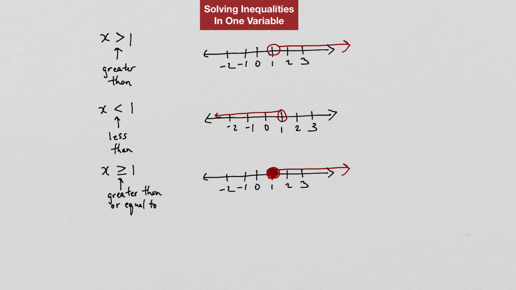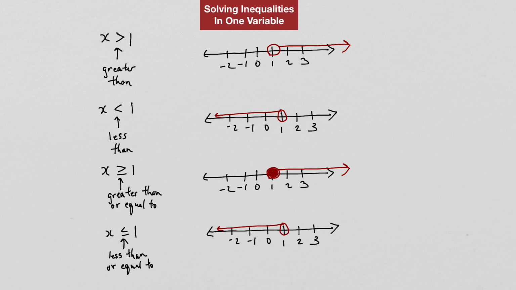And then the less than or equal to, I'm sure you could figure out what that looks like, but let's go ahead and write that out. So x is less than or equal to 1, and it would look like the following on a number line.